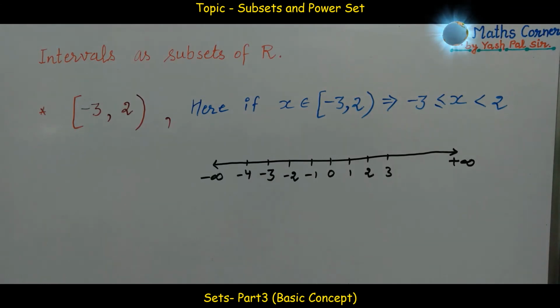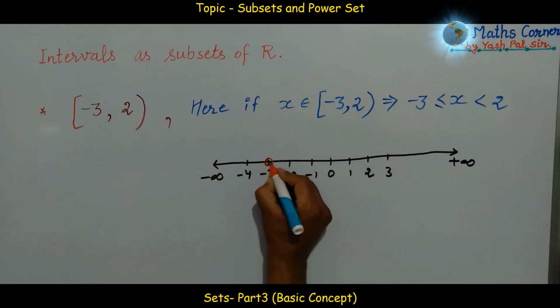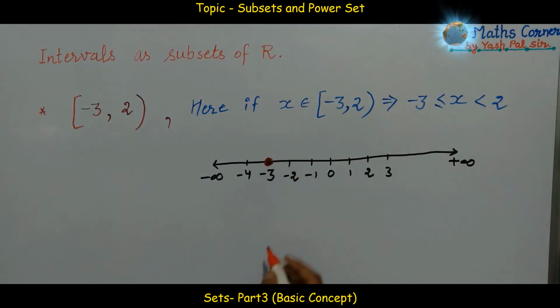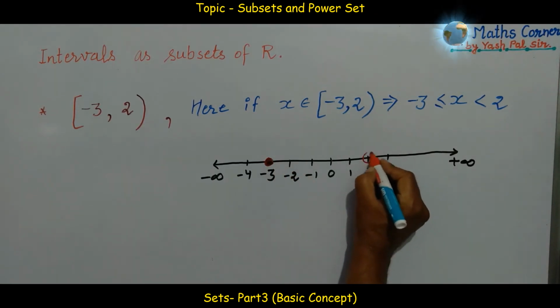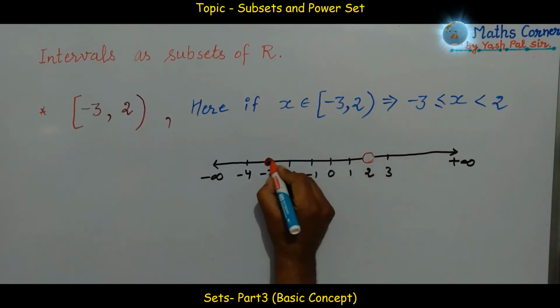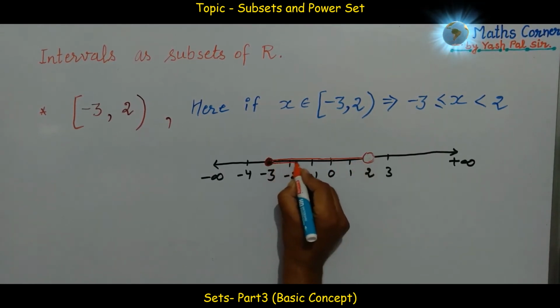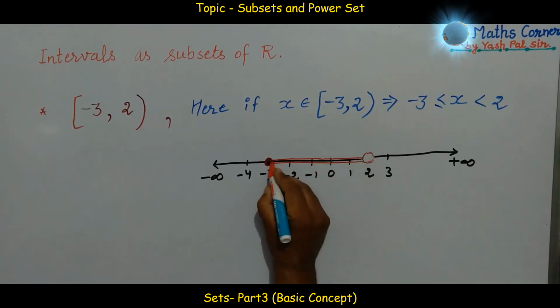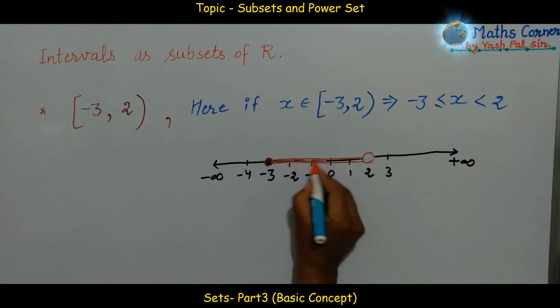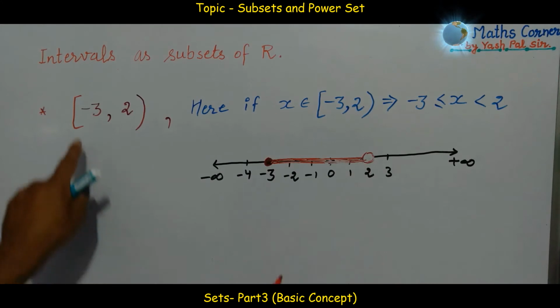Okay, now what we are saying, closed open bracket, minus 3 closed bracket. So this part is darkened, but 2 is not darkened. 2 is not part of the solution. From minus 3 up to 2, where minus 3 is also part, all the numbers on this number line are the solution.